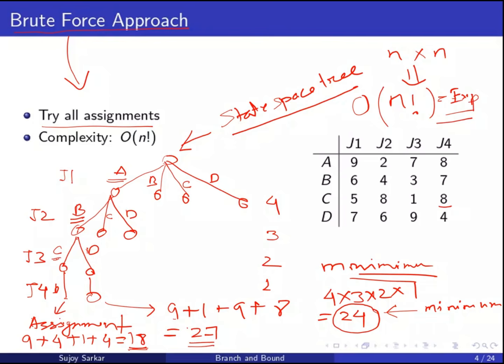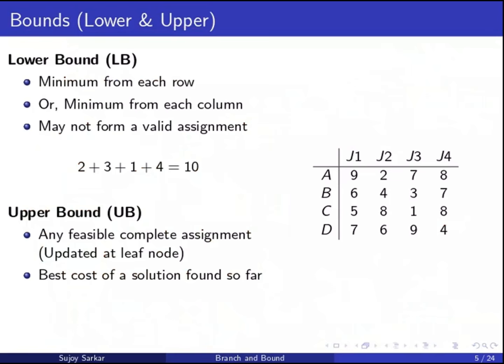right? So let us see, can we do better using branch and bound, better than brute force? Okay. To apply branch and bound, we will be using 2 costs. One we will call the lower bound cost, another one we will call the upper bound cost. So what is lower bound cost?